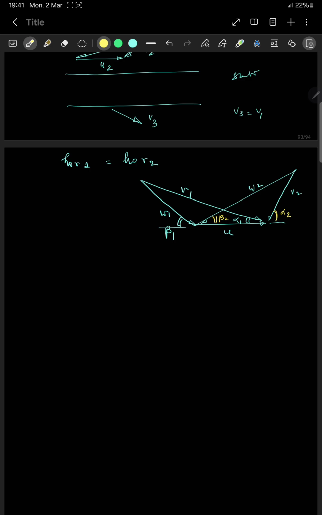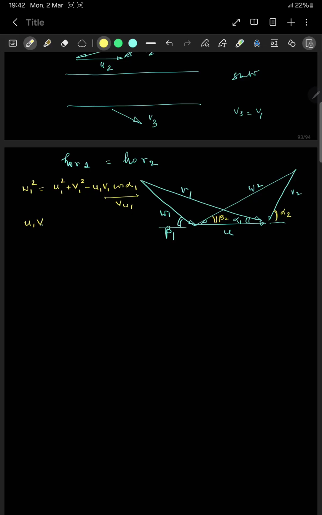Now we will use the cosine rule for the inlet triangle. w1 square is equal to u1 square plus v1 square minus 2 u1 v1 cos alpha 1. v1 cos alpha 1 is vu1.